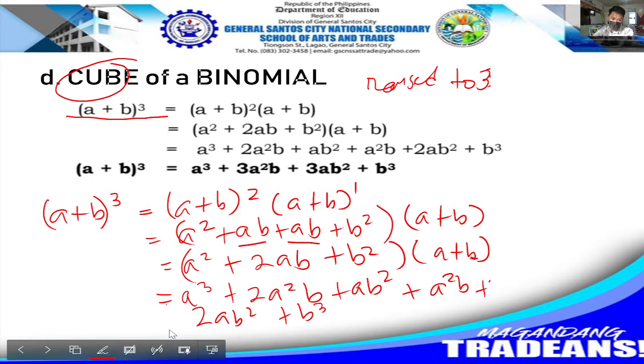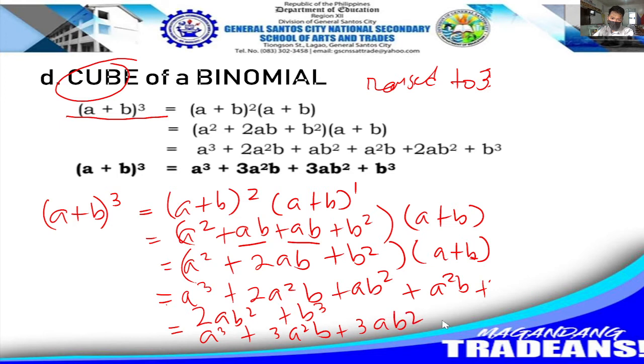And if we are going to simplify this further, we now have the answer of a cubed, then 2a squared b, then hanapan natin siya ng kampi, that is a squared b sa kabila. So, invisible 1, that is 3a squared b. Next, ab squared, then 2ab squared, magiging invisible 1 ito, plus 2, that is 3ab squared, and the last one is b cubed. And that is now the final answer.